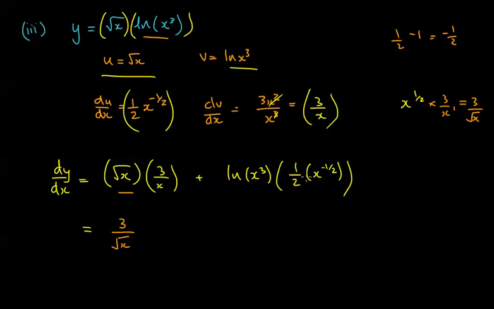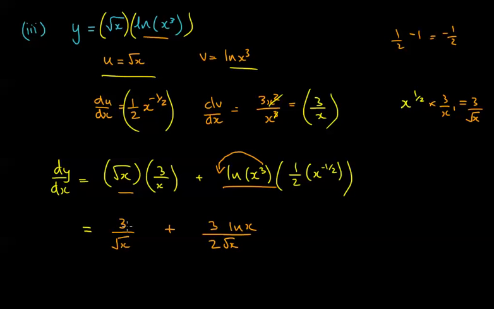Okay, what happens here? Well, first of all, because of this log here, I can bring that 3 to the front and multiply by a half, so that's 3 over 2. And then x to the power minus a half is putting the root x on the bottom, and then you're left with just log of x there. So there you go.